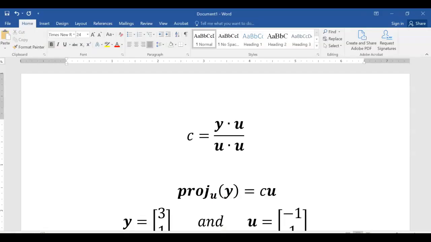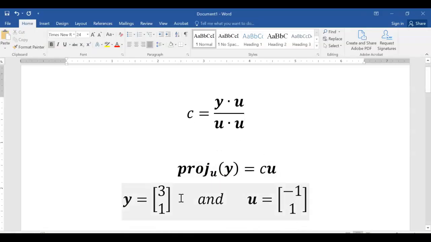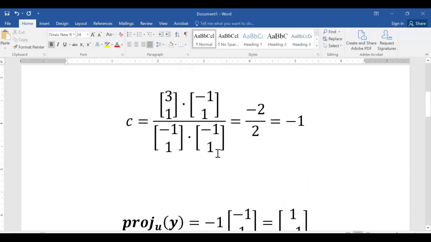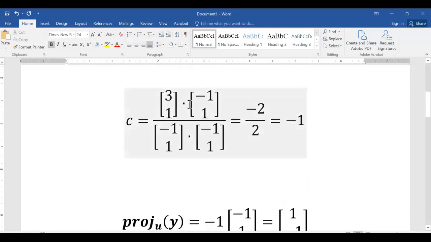All right, so here's what I did. I took y as (3, 1), u is (-1, 1). I'm going to project y onto u. So my coefficient is going to be y inner product with u divided by u inner product with itself. Interestingly enough, when you take y inner product with u, you get a -2. u inner product with itself gives me a 2.